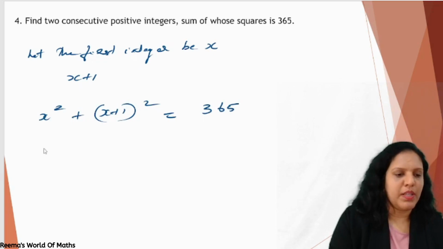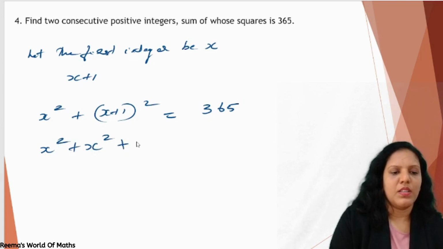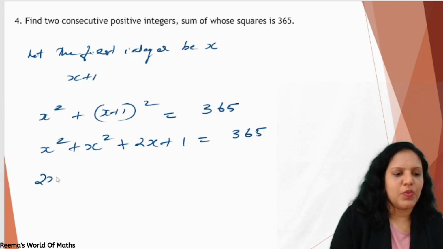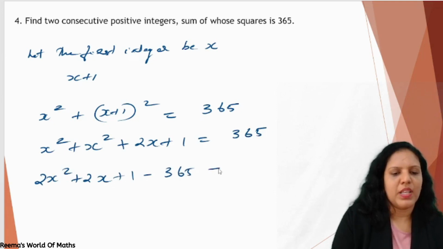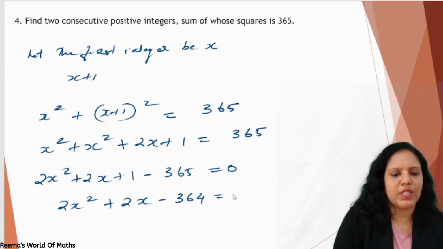So that will be x squared plus 2x plus 1 equals 365, which is 2x squared plus 2x plus 1 minus 365 equals 0. So that will be 2x squared plus 2x minus 364 equals 0.